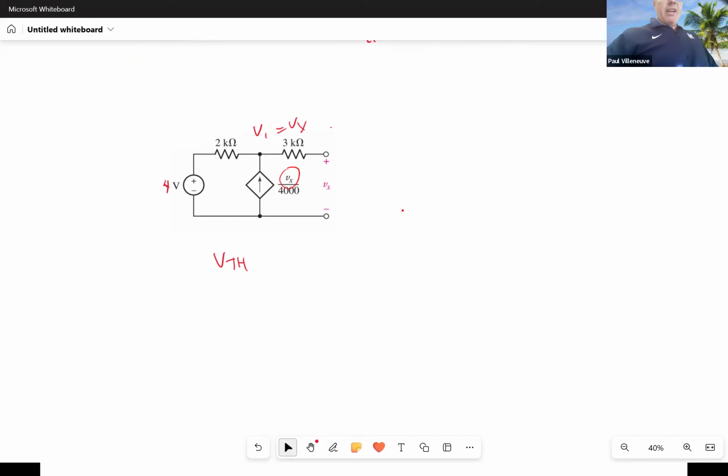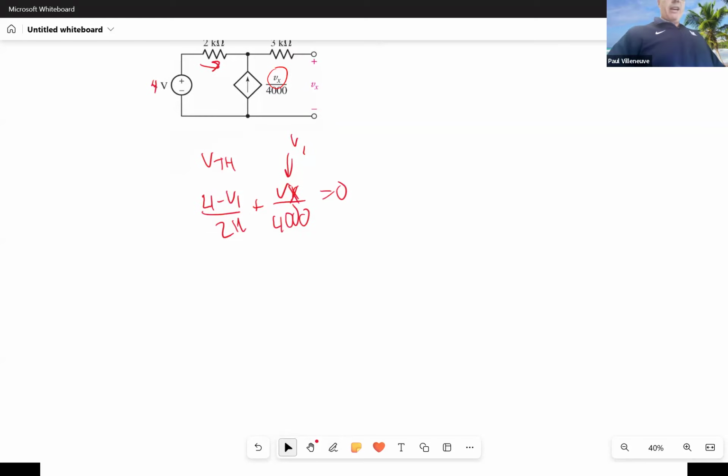So we have the current going in: 4 minus V1 over 2K plus Vx over 4K is going to be equal to 0, but we already said that Vx equals V1. So we have 4 minus V1 over 2K plus V1 over 4K equals 0.